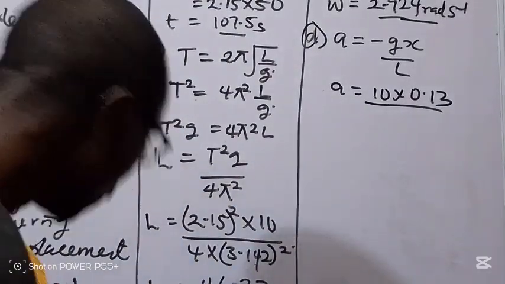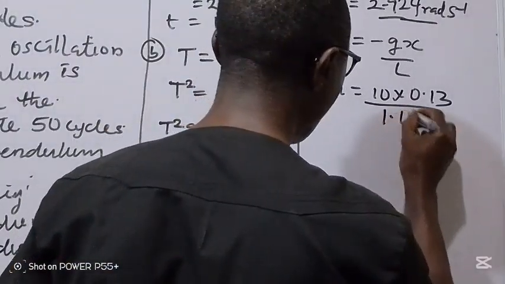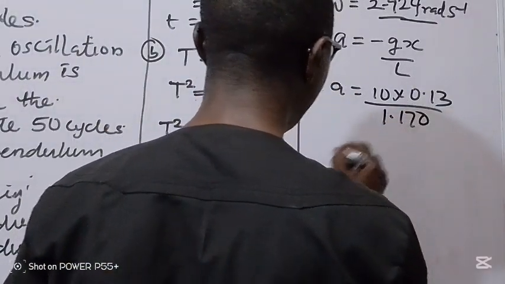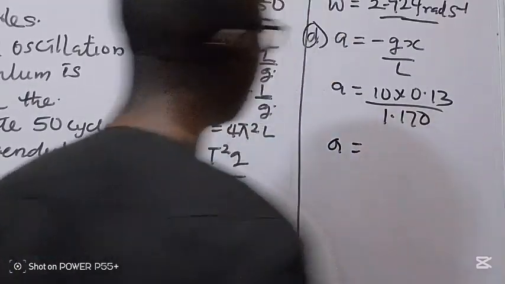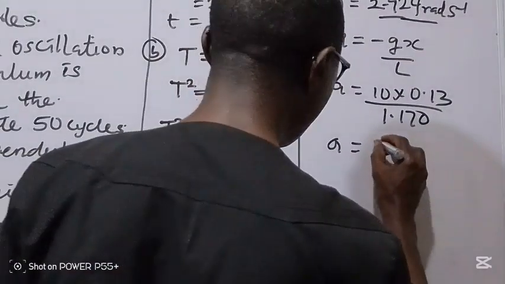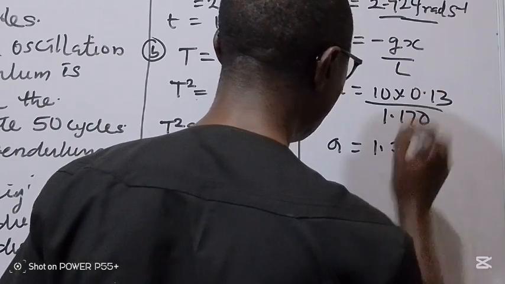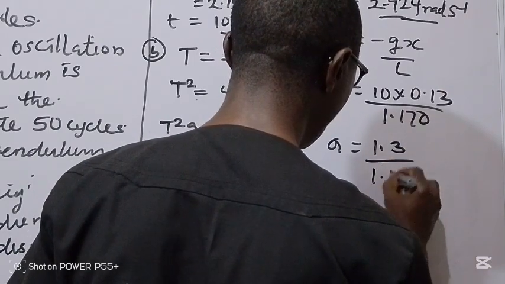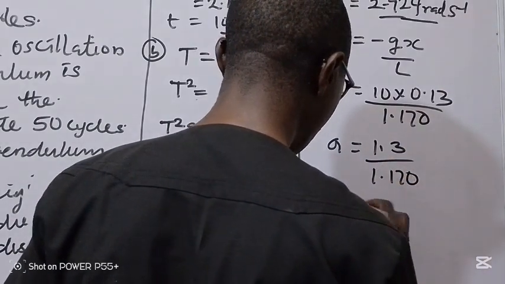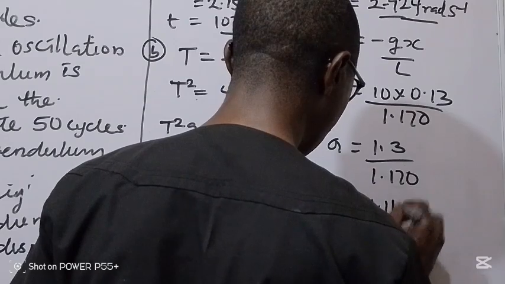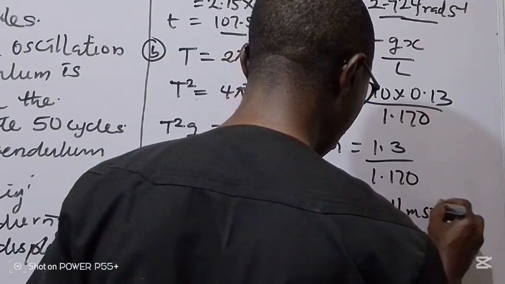Then A will be equal to 1.3 divided by 1.170, so A will be equal to 1.111 meter per second square. That's for question number 1.